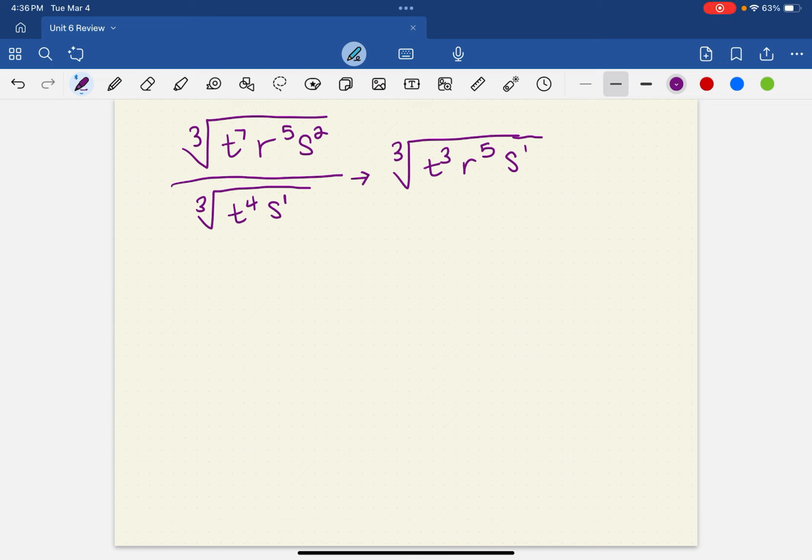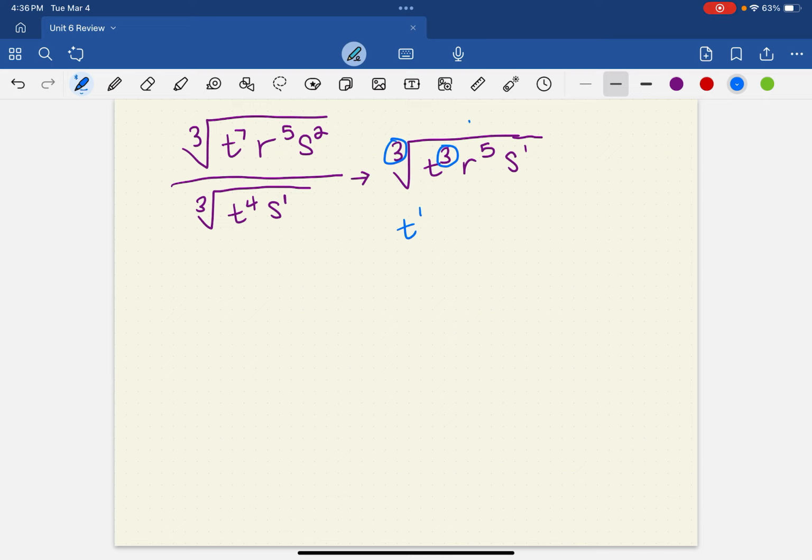Okay, let's go ahead and take out our groups. So for the T first, I have T^3, so 3 divided by 3 would be T^1. R to the 5th cannot be divided by 3.